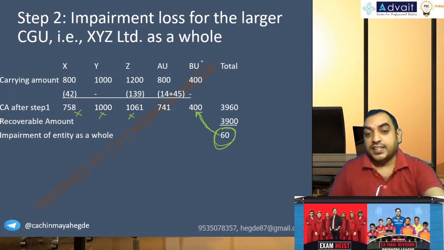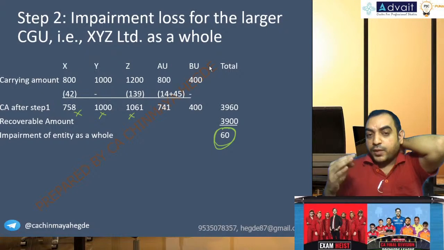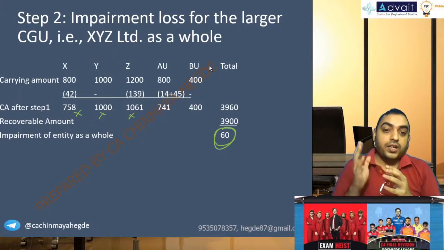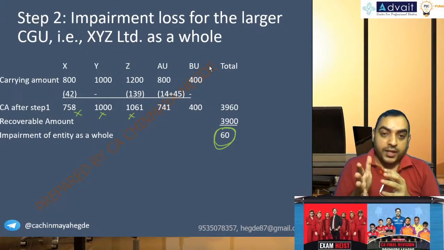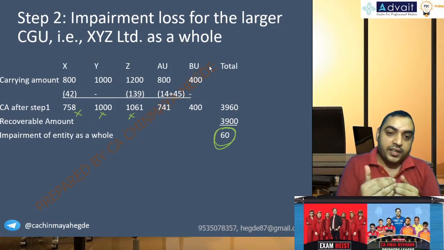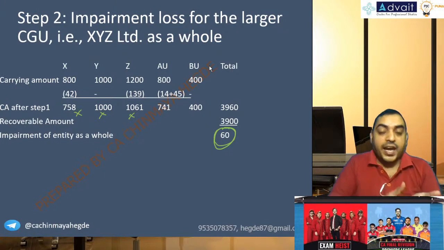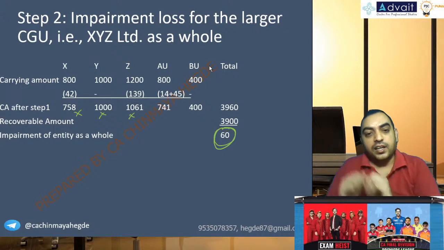If there was one more asset, CU, then this 60 would have been allocated against this 400 and this proportionately. Anyway, this is how you do the impairment of a corporate asset, common assets, which can be allocated at the first step and which cannot be allocated at a larger level.